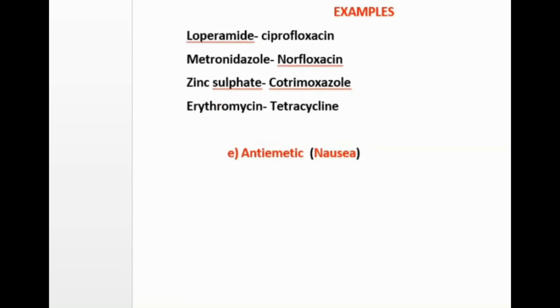The fifth category is antiemetics, for nausea. So what are these drugs? These are drugs which suppress vomiting and nausea.